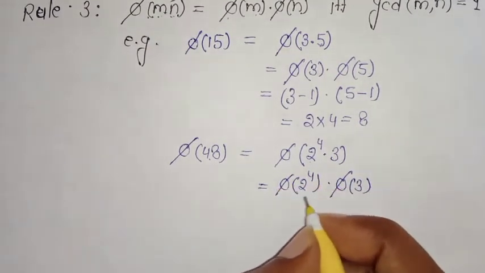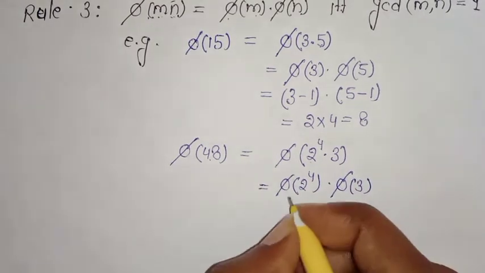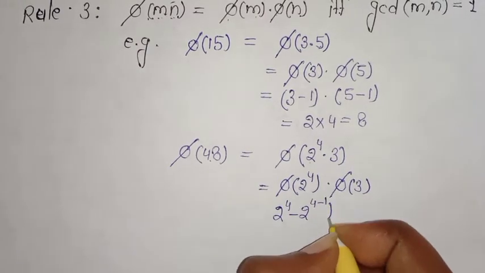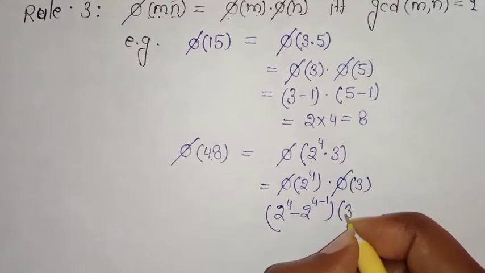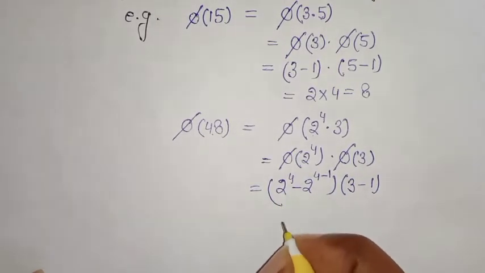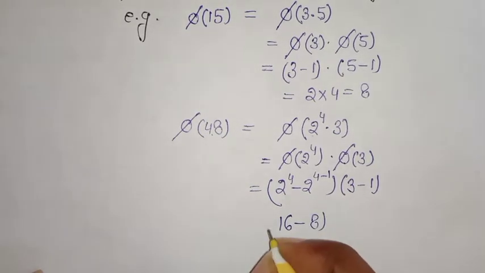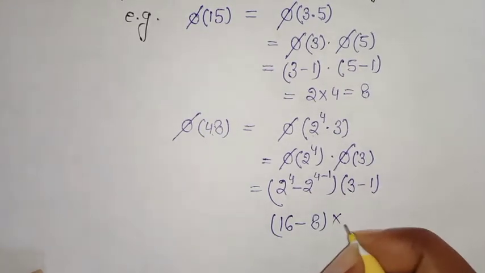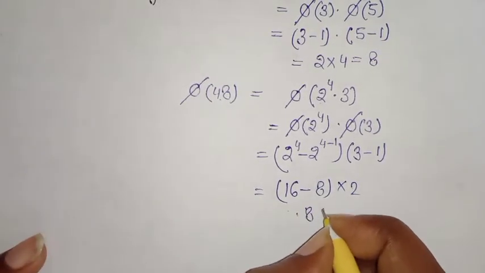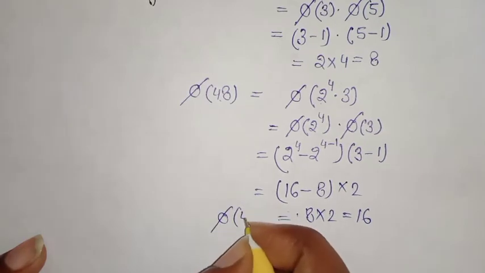Now if we apply rule number 2 over the first function and rule number 1 over the second, this gives 2 power 4 minus 2 power 4 minus 1, and 3 minus 1 because 3 is a prime. So we can write it as 16 minus 8 into 2, which is equal to 8 into 2, that is 16. So phi of 48 is equal to 16.